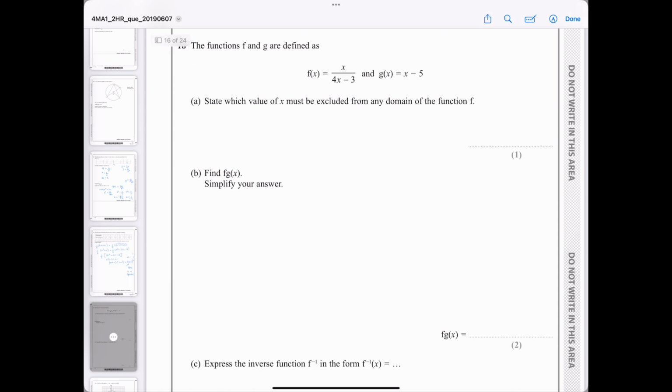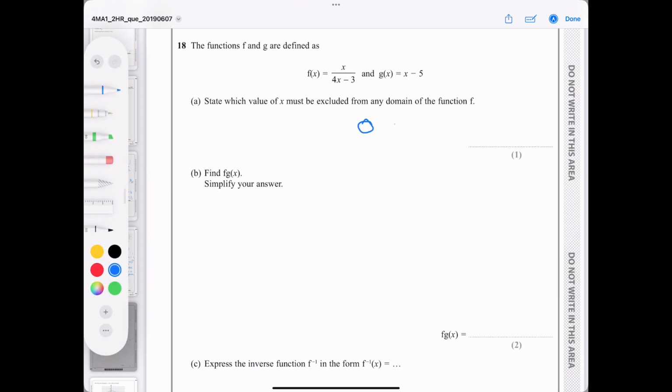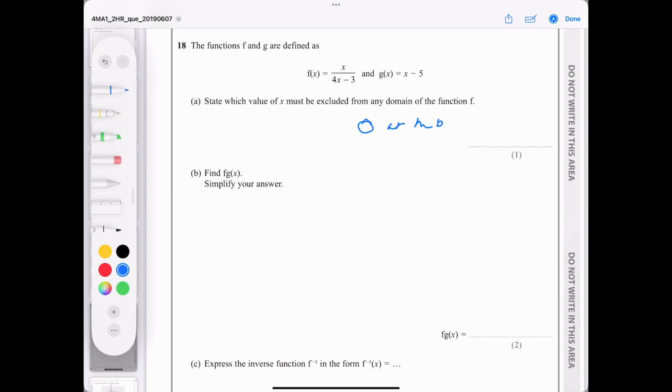The functions f and g are defined as f of x equals x over 4x minus 3, and g of x equals x minus 5. State which value of x must be excluded from any domain of the function f. What we can't have is a 0 at the bottom, because it doesn't make it infinite, it just makes it non-existent.